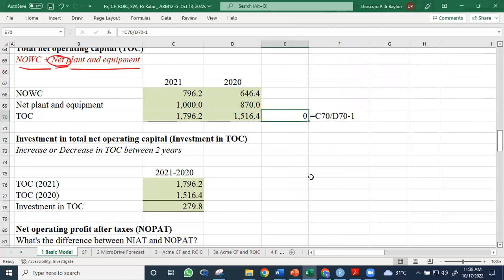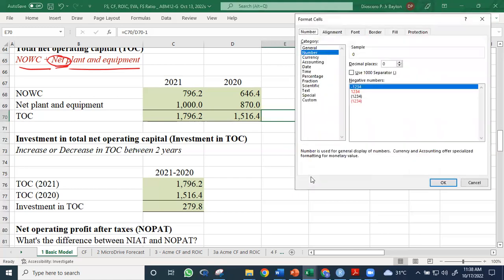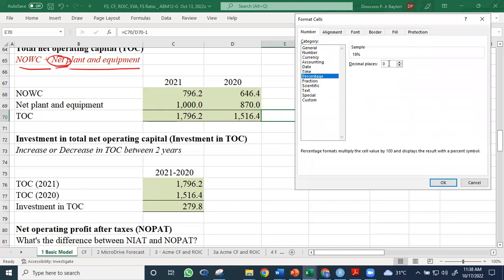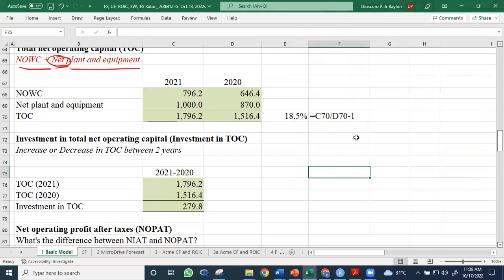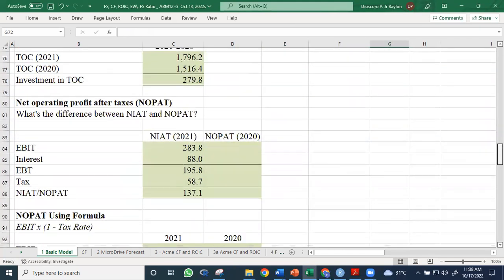But if the format is correct, it's just a formatting matter. So Control 1, then choose percentage, and even just 1 decimal place. That was a question a while ago, and she answered it on her own.